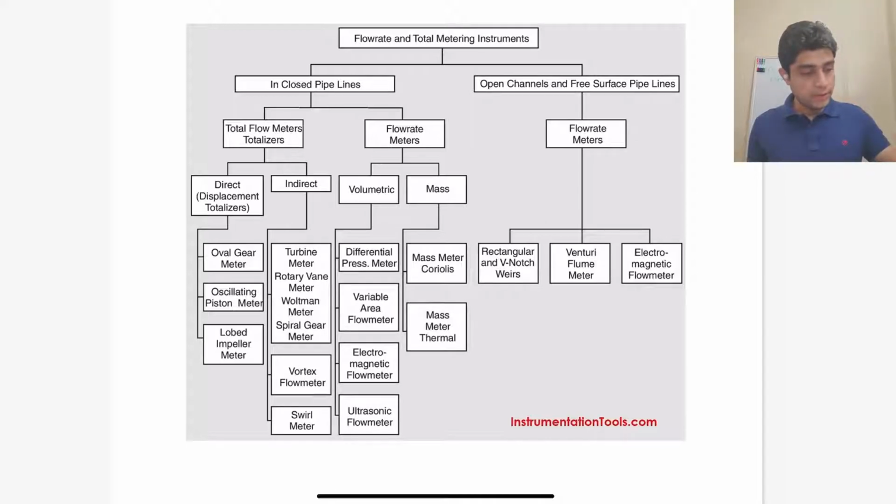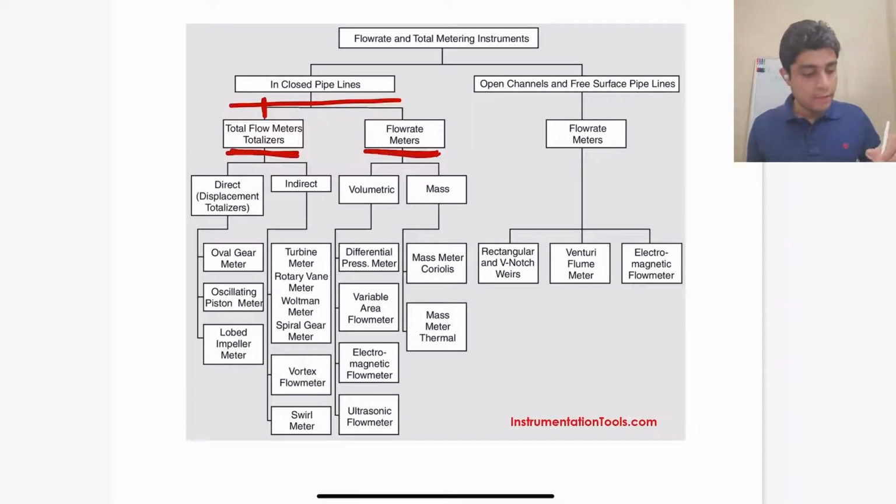In this lecture I'll mainly concentrate on flow in closed pipelines, and here also you have totalizers, or total flow meters, which you use in gas pumps or your household water meters. Totalizers just measure the amount of fluid that has passed.